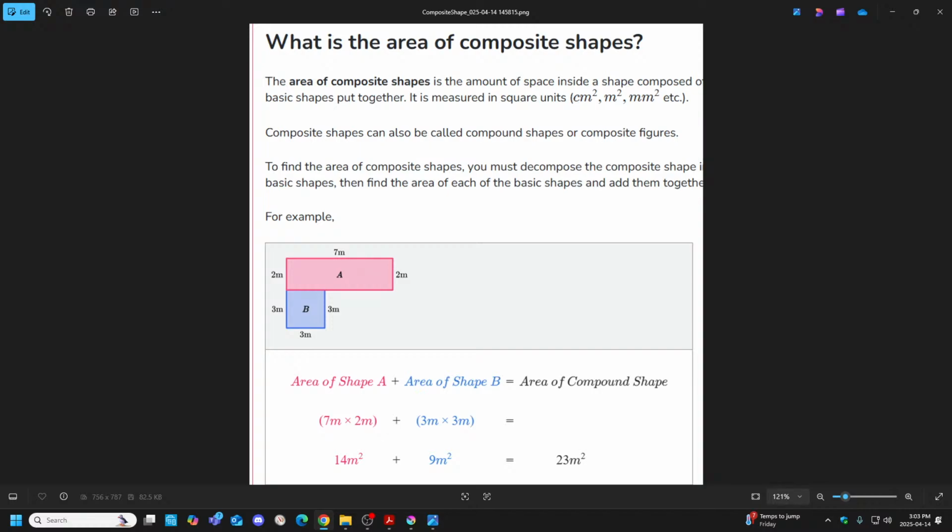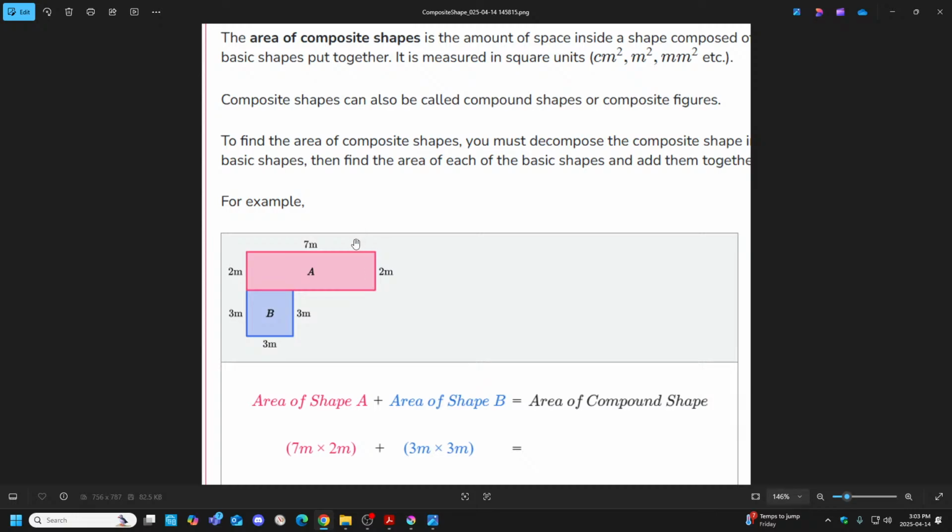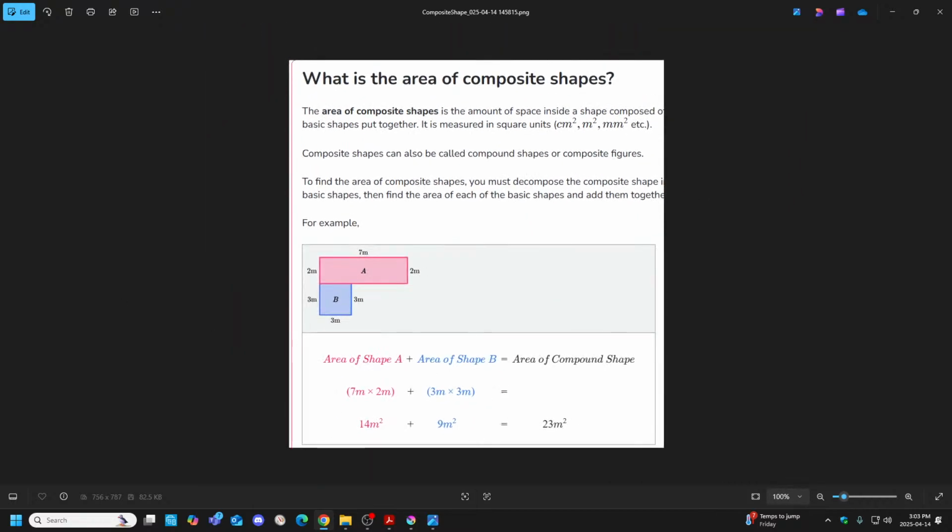Similarly, to find the perimeter, you add up the lengths of all the edges of a composite figure. So essentially, without even worrying about the fancy words, you figure out the area of shape 1, and then you figure out the area of shape 2. It's that easy.